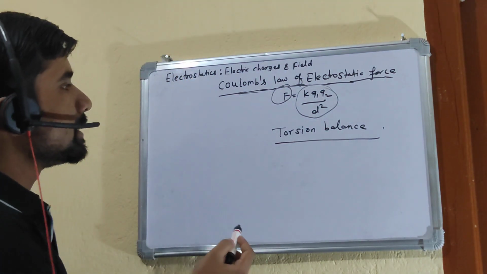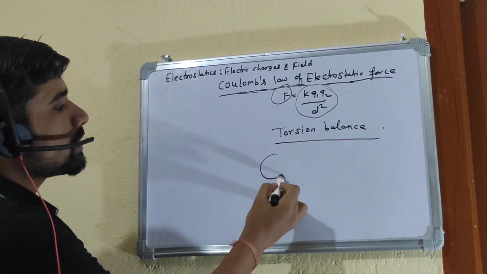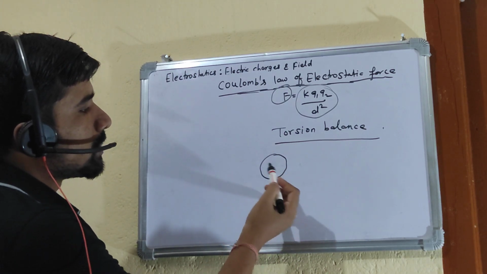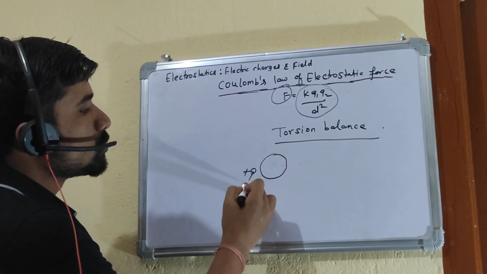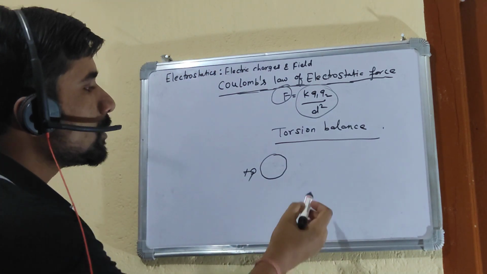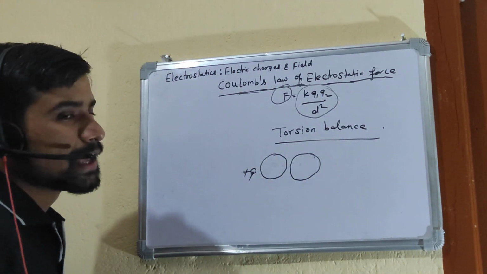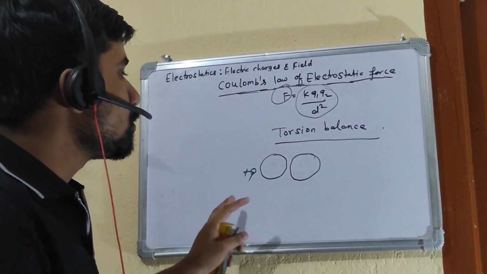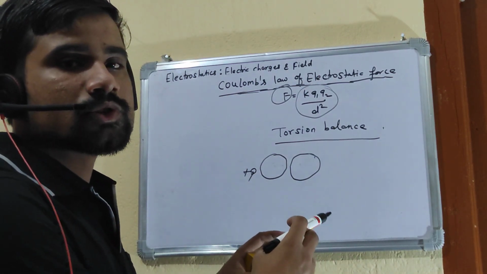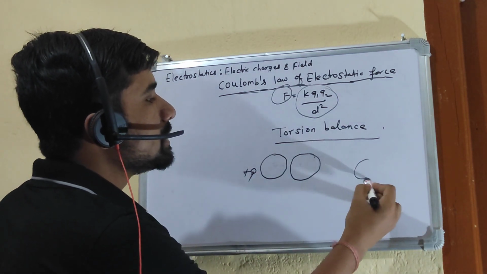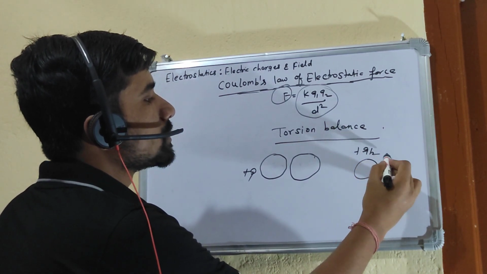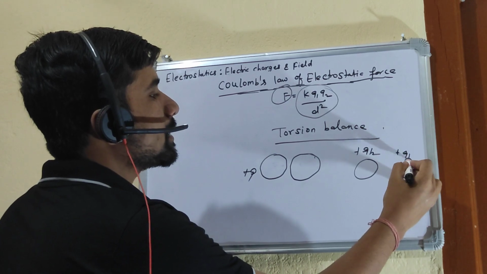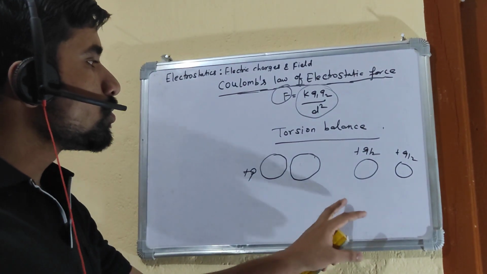So what he did is, let's say he took a sphere, a charged body, with plus q as the charge on the sphere, and he took an uncharged sphere, and these two spheres are of the same size. When he brought these two spheres in contact with each other, they got an equal amount of charge, right?